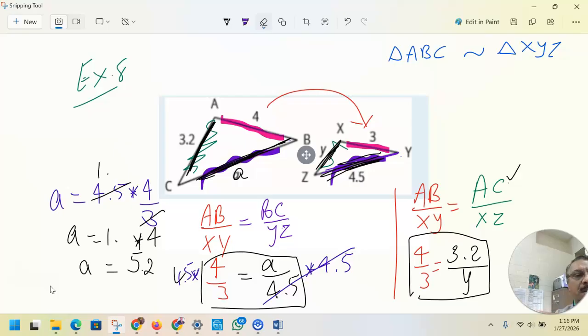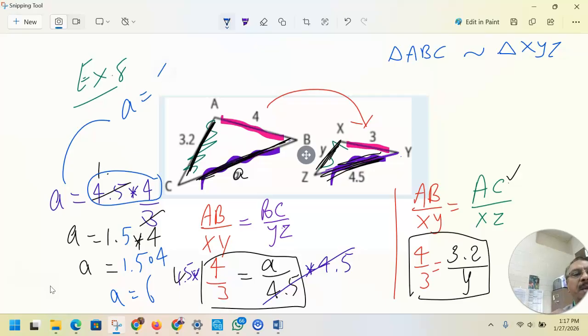This should be 1.5, and 1.5 times 4, you get A equals 6. Or you could also do it another way, just multiply here. A equals 4.5 times 4, that will give you 18, and then divide by 3, you get 6 also.